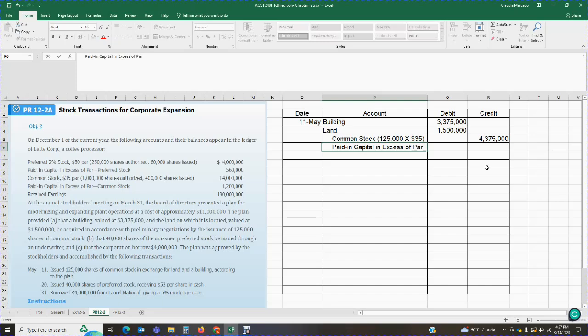Okay, and we have 125,000 shares times the $39 that we calculated minus the $35 actual par value. Okay. And then that's going to give me my $500,000.